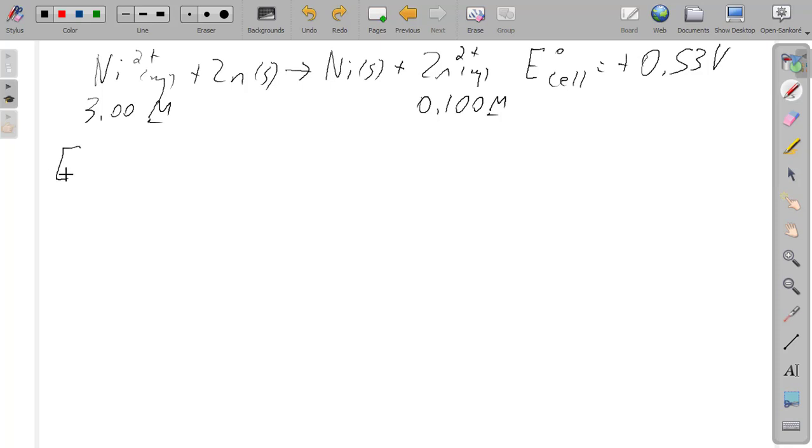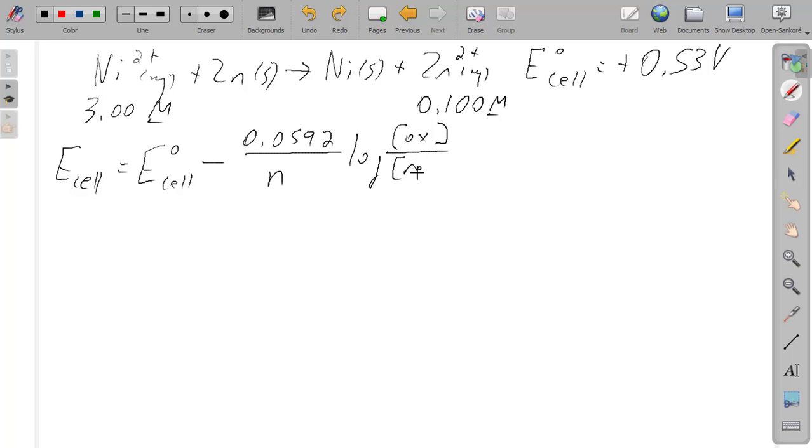All right, and so E cell is going to be the E0 cell minus 0.0592 over n times log of the oxidation concentration over the reduction concentration. You have to memorize this. And now it's really just kind of plug and chug, right?